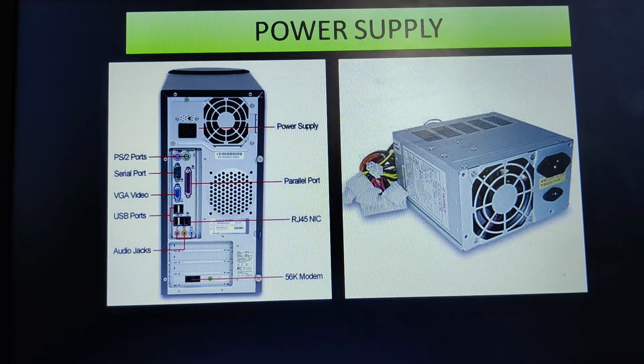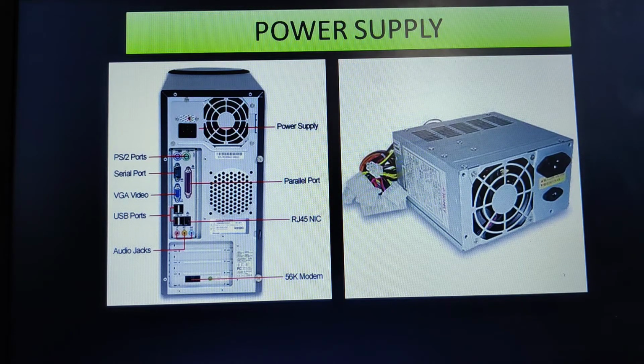This switch mode power supply is a kind of converter that converts the alternating current power from an electrical outlet to the direct current power needed by the system components.